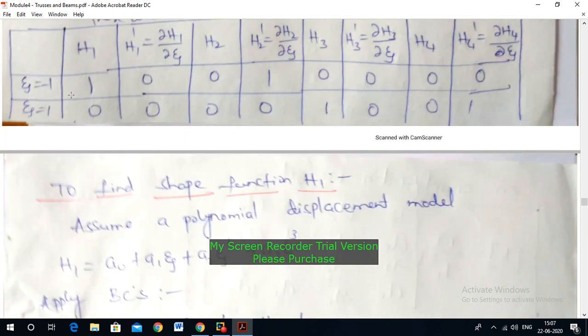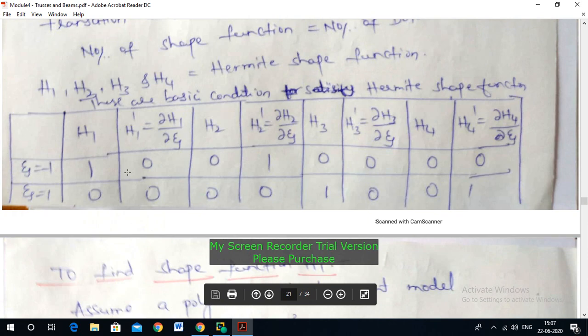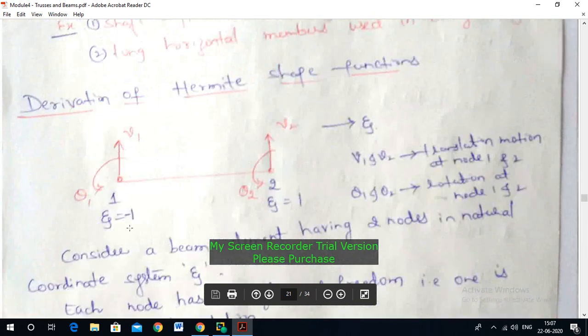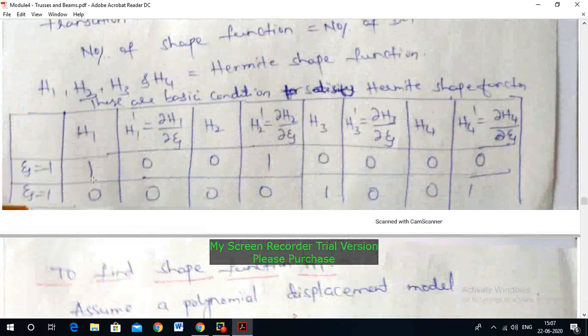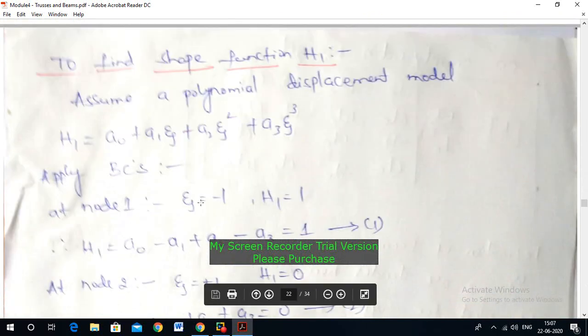The boundary conditions are here in the table, already tabulated. First at node 1, look here in the figure, at node 1, if zeta is equal to -1, h1 is equal to 1. Therefore, substitute zeta equal to minus 1 and h1 in the polynomial displacement model that I assumed, and I will get h1 is equal to a0 plus a1 times minus 1, that is minus a1, plus a2 minus a3, because zeta is minus 1.